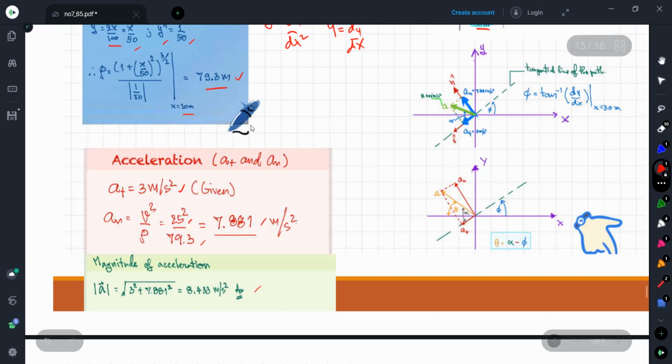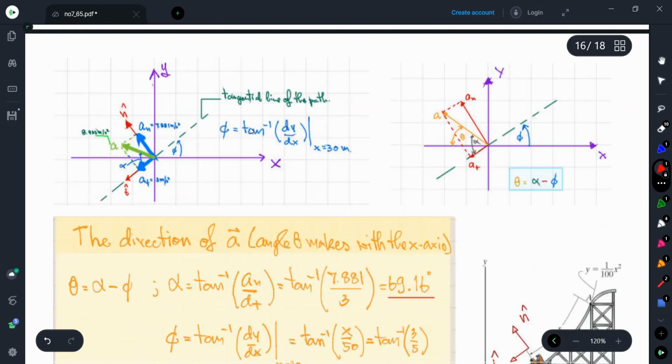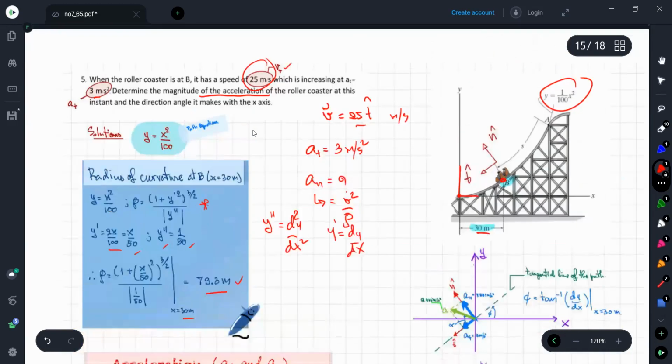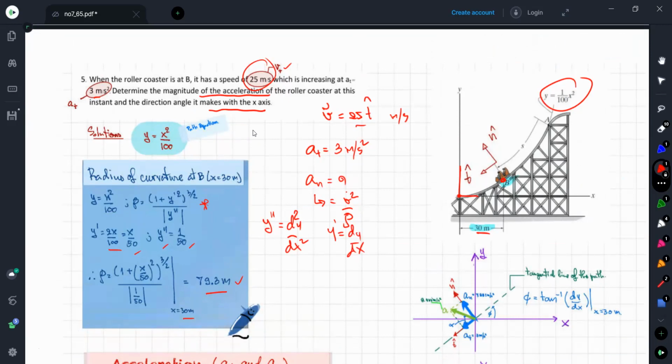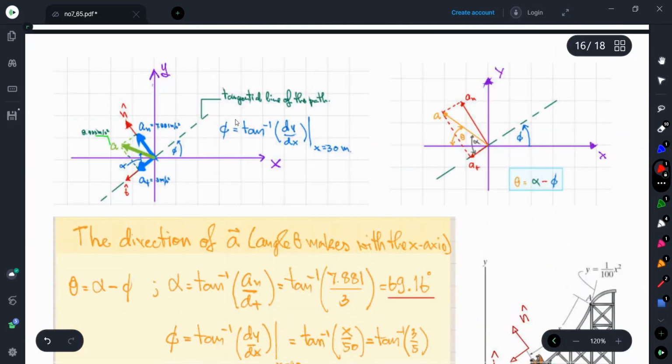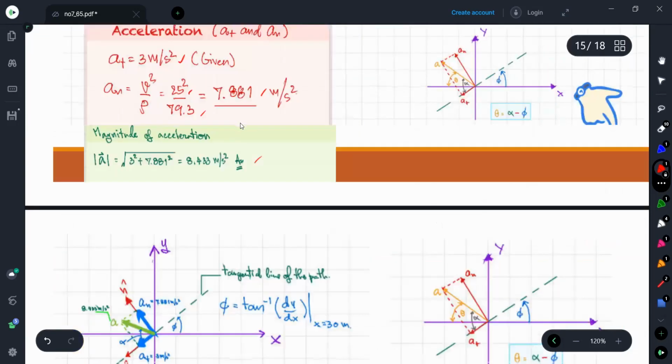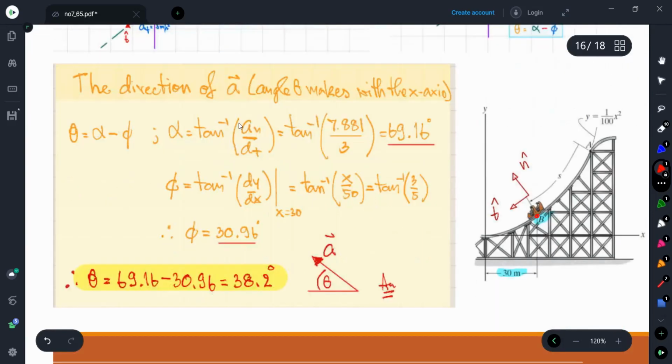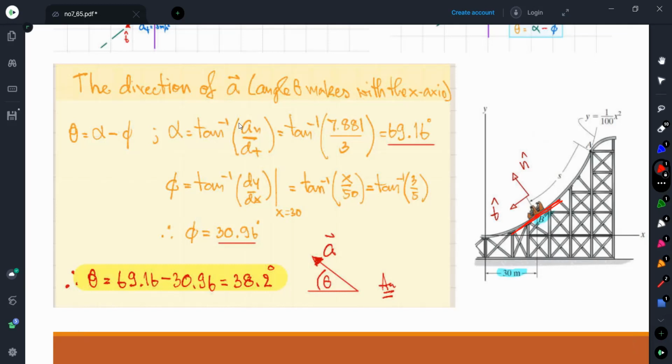Then let's take a look at the direction. We would like to find the direction angle of the acceleration with respect to the x-axis. If we compare with the path here, this red line represents the direction of the path at this point, that is the tangent direction with respect to x.